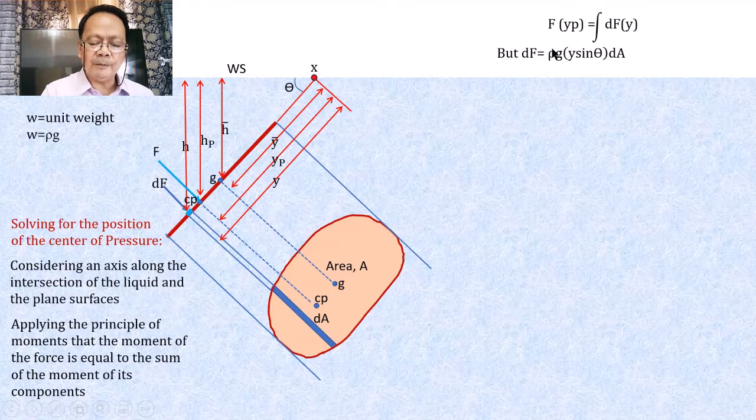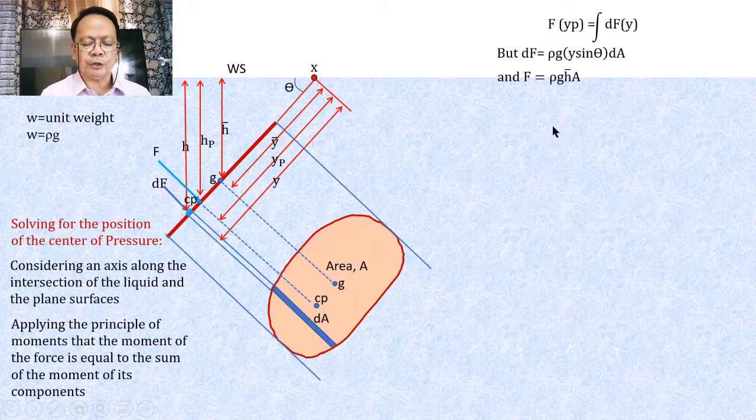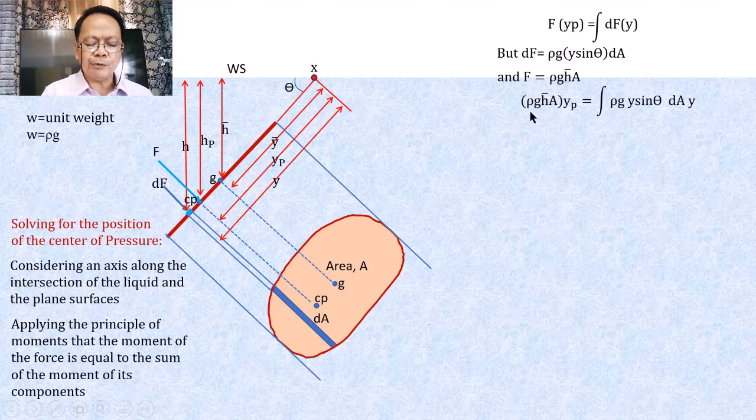Samantalang itong F naman, na-define na rin natin, and that F is already defined to be rho g times bar h times A. Now, if these two will be substituted in that equation, then our equation will become rho g bar h A multiplied by y sub P is equal to the integral of rho g times y sine of theta multiplied by dA multiplied by the moment arm y, which is this one.